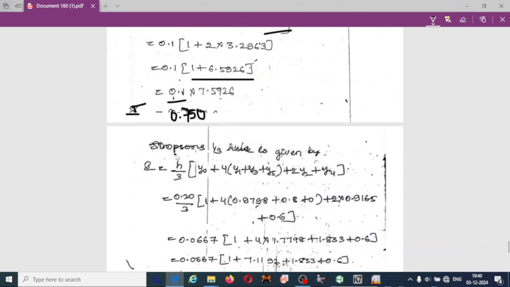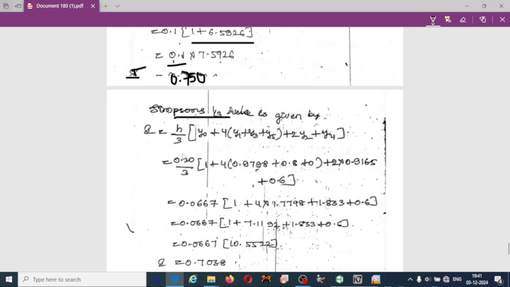If you go for Simpson 1/3 rule, this is the formula to calculate Simpson 1/3 rule. Write down the formula first, then substitute values of y naught up to y4.